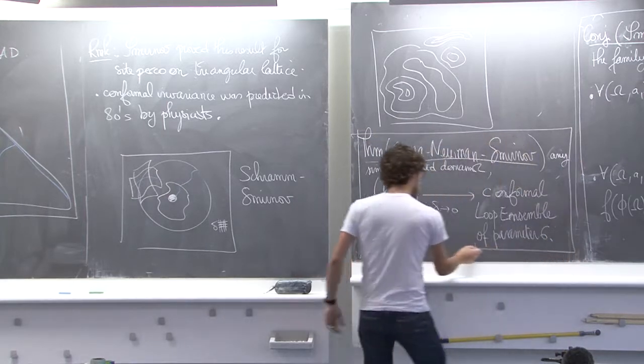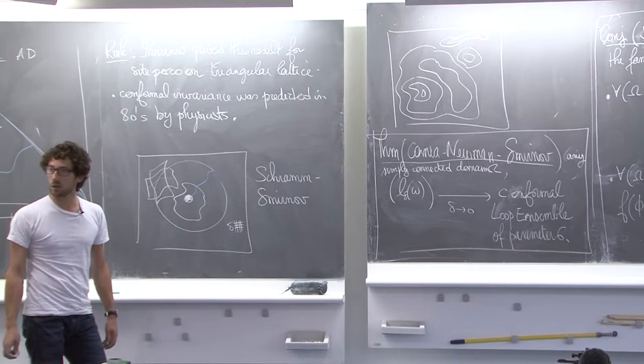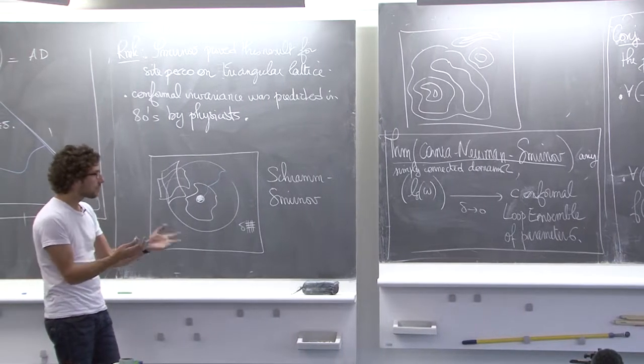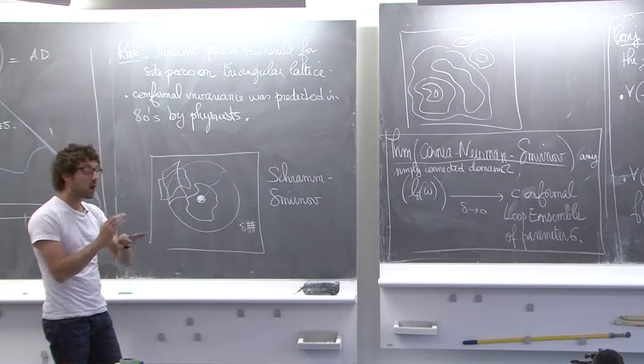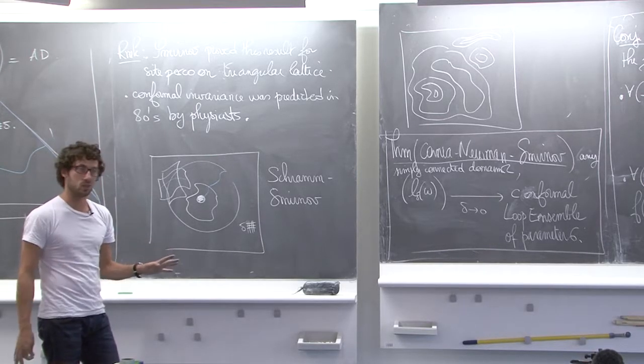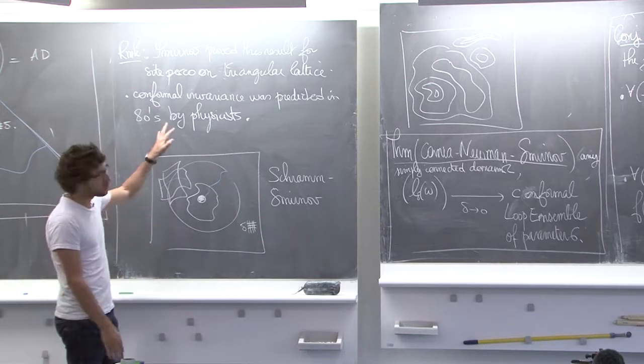Once again, you are going to have a class on this in the second term on SLEs and CLEs, so I'm not going to describe it, but I just want to highlight that you have a very precise description of what is going on in the limit. Once again, on the triangular lattice.